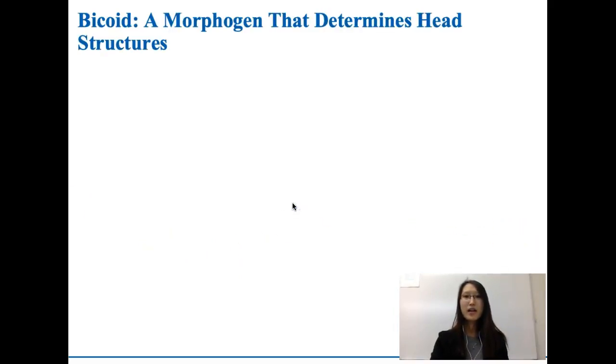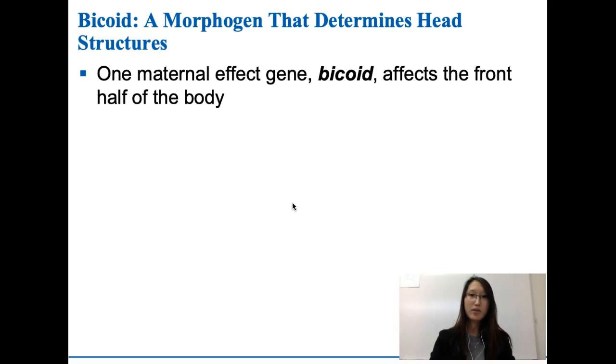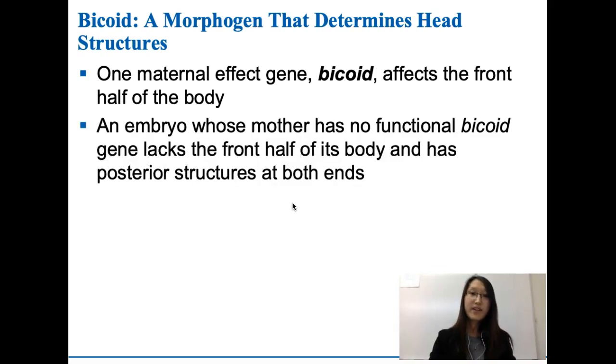So here's an example of how this maternal effect gene works. This gene is called bicoid. This is a maternal effect gene which affects the front half of the body. So if an embryo has no functional bicoid gene, it will lack the front half of its body, and it will have posterior structures at both ends.